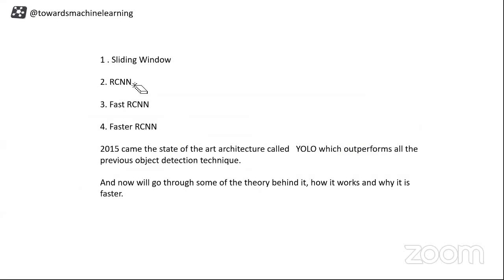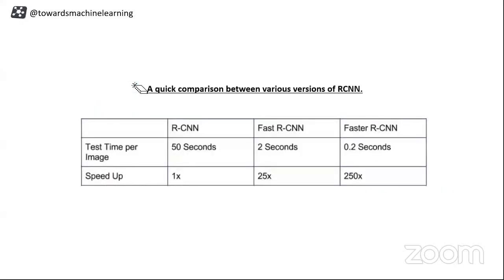Then the advancements in fast and faster RCNN reduced the computation, getting us to 2 seconds and 0.2 seconds respectively. So the whole study lies behind reducing the computational time.